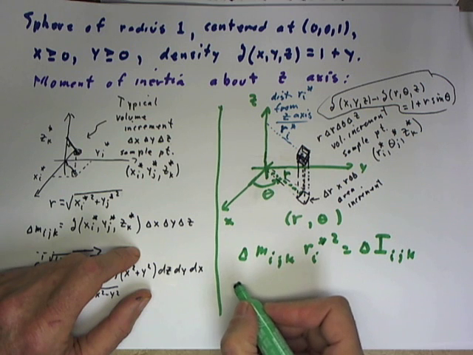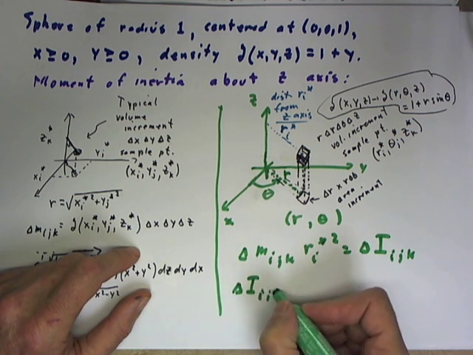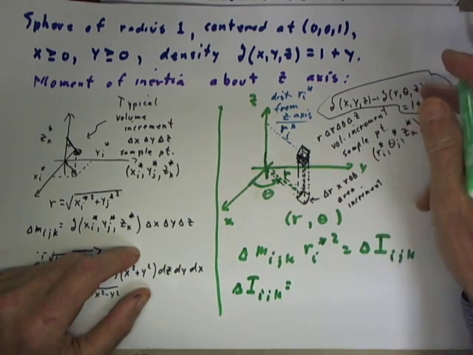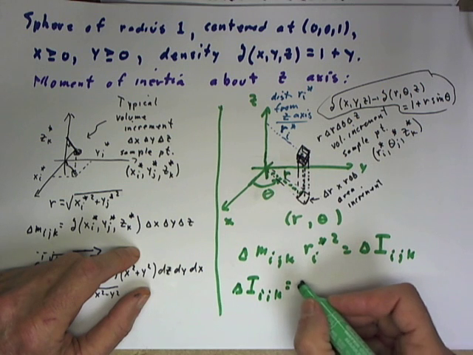So that delta I sub ijk equals our density function evaluated at our sample point.